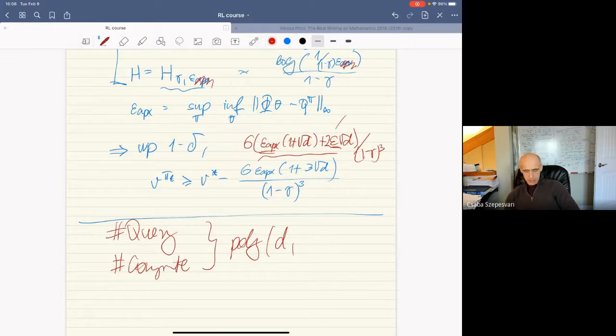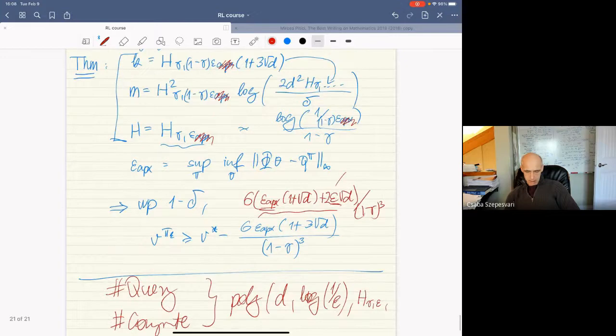It's going to be polynomial in log 1 over epsilon, and polynomial in this effective horizon. And is there any other term? There is, that's it.